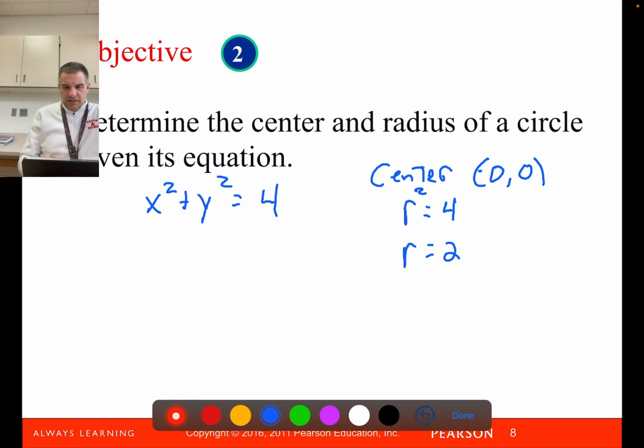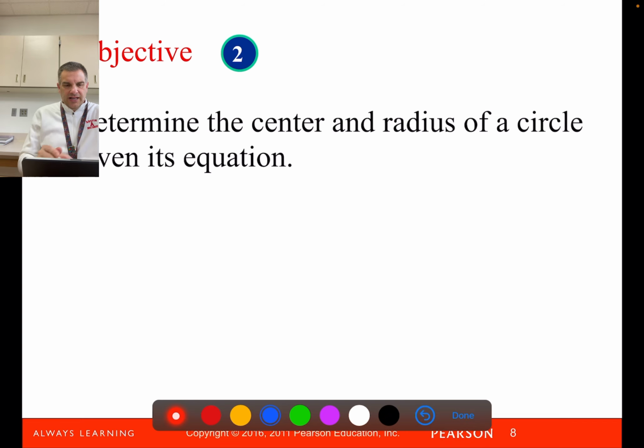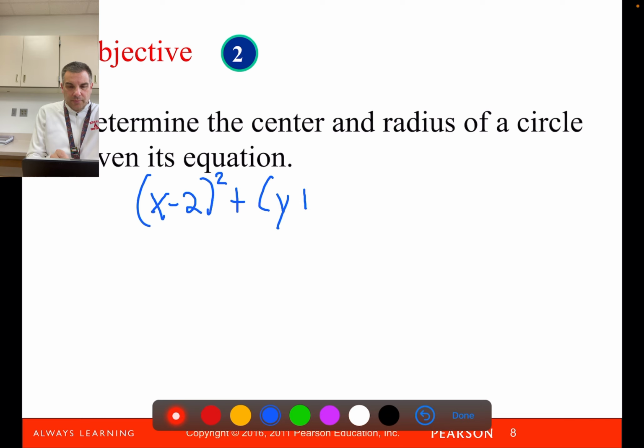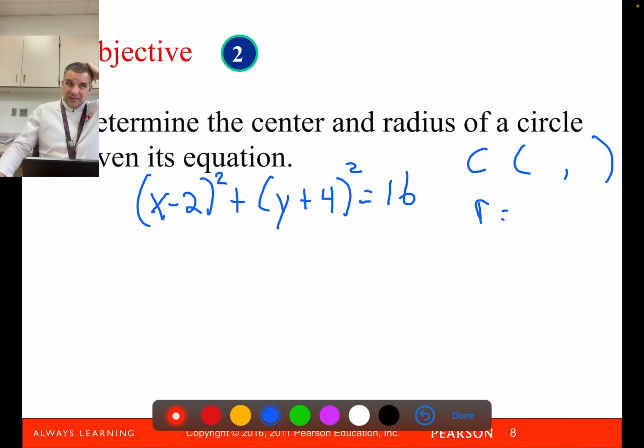I'm going to clear this off. Let's do another one. Say we've got x minus 2 squared plus y plus 4 squared equals 16. Again, we want to know the center point and the radius.